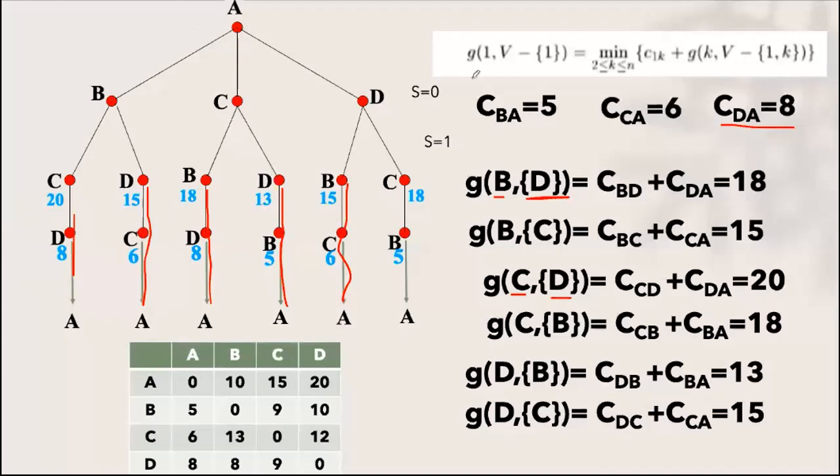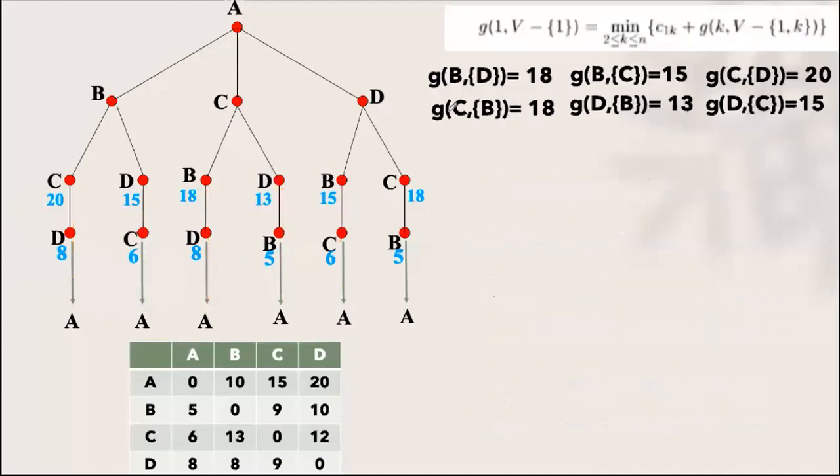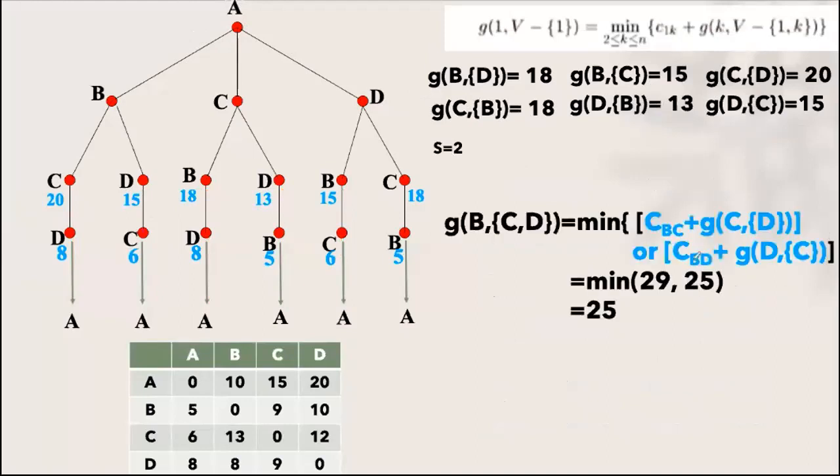Okay, same formula, substitution. This was the previous calculation, the cost of these paths. Next, starting from B, either C or D, you can go either this path or this path, whichever is minimum.